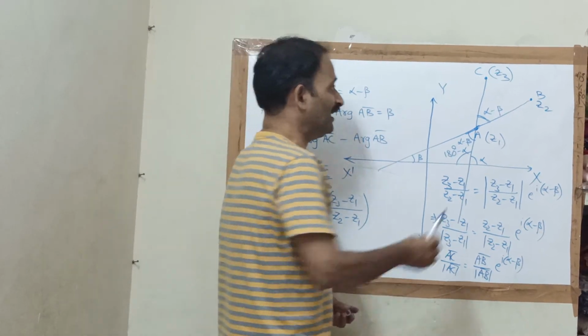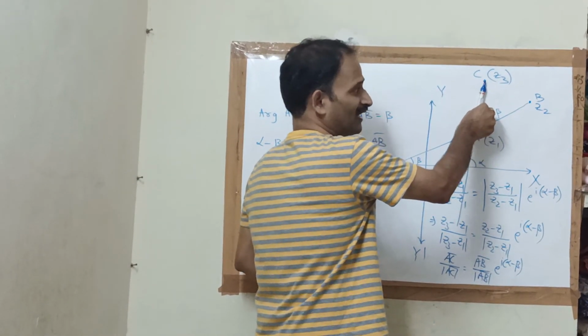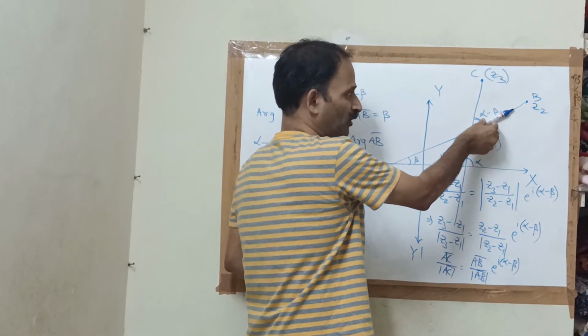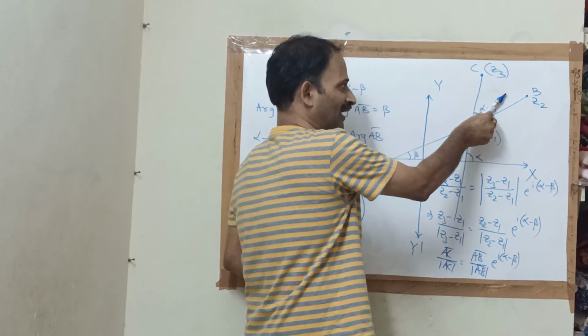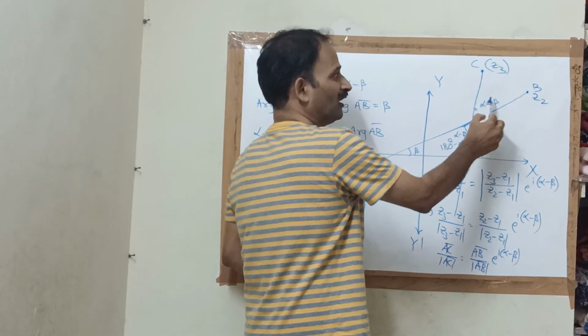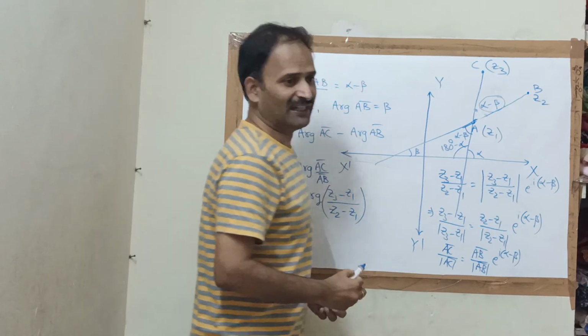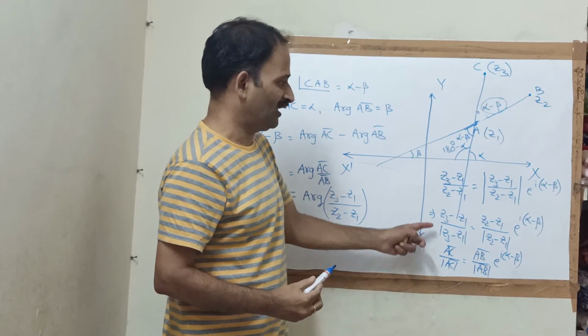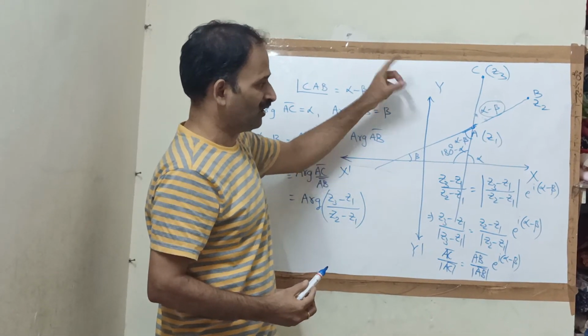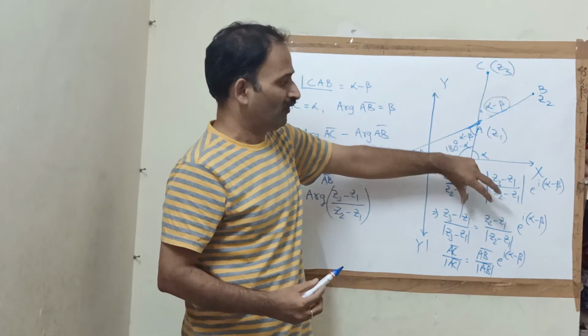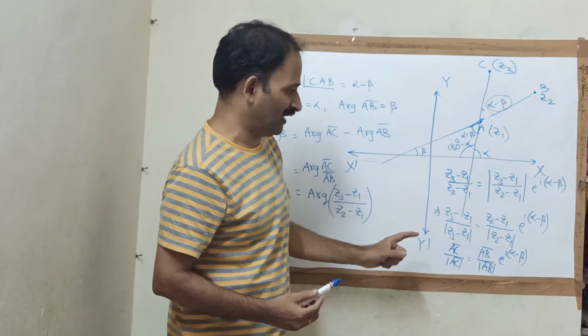That means this AC bar is obtained by rotating this AB bar through an angle of alpha minus beta in anti-clockwise direction. This is rotation of a complex number in Coni's method.